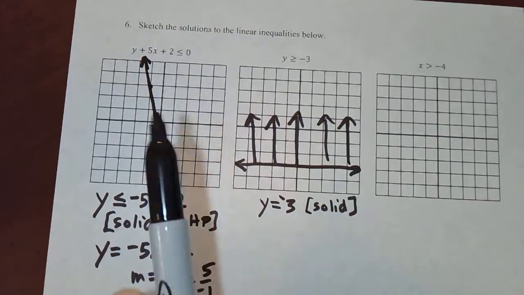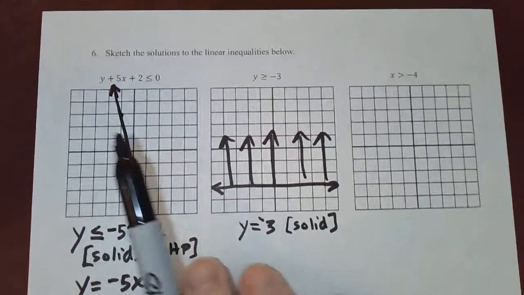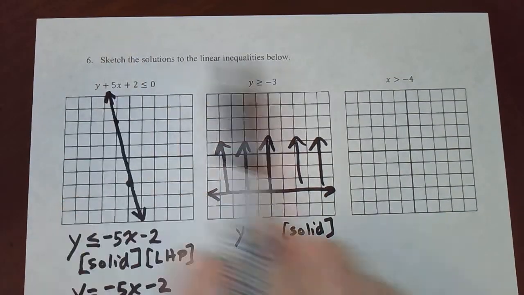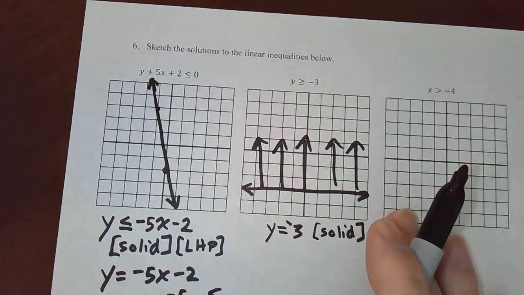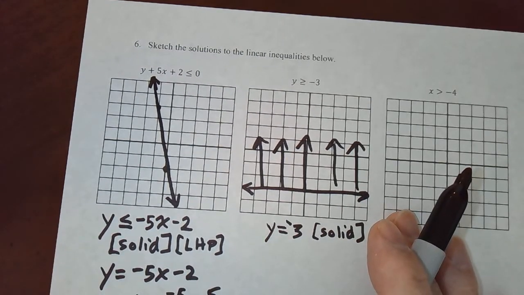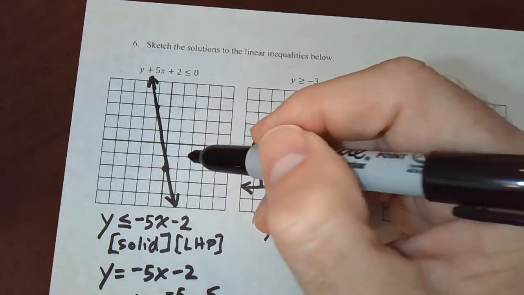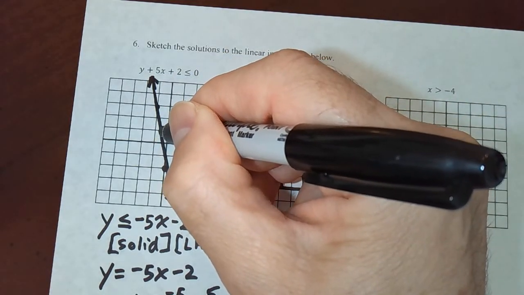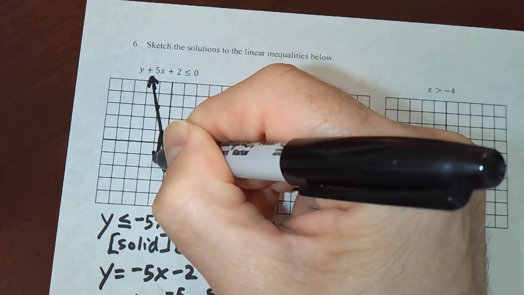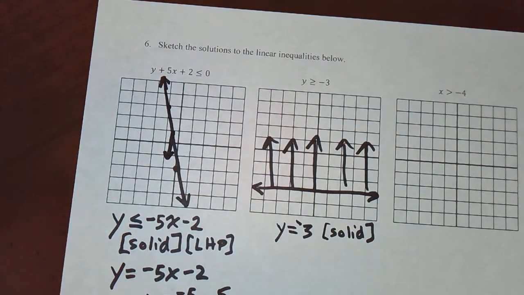Now, when these lines start getting close to being vertical, you need to be a little careful. Which half plane is the lower half plane? Well, one way of doing it is just take any point on the line, and if I draw straight down, I'm in the lower half plane.